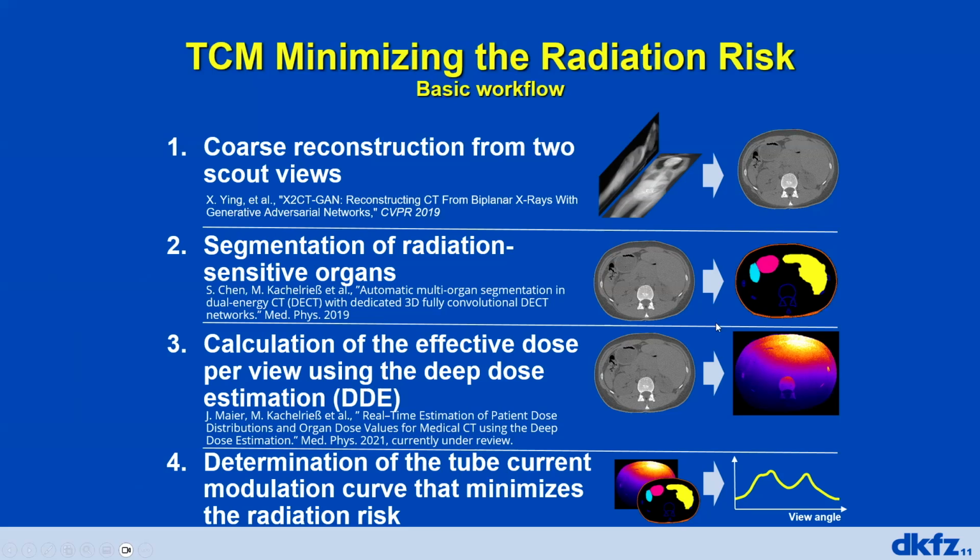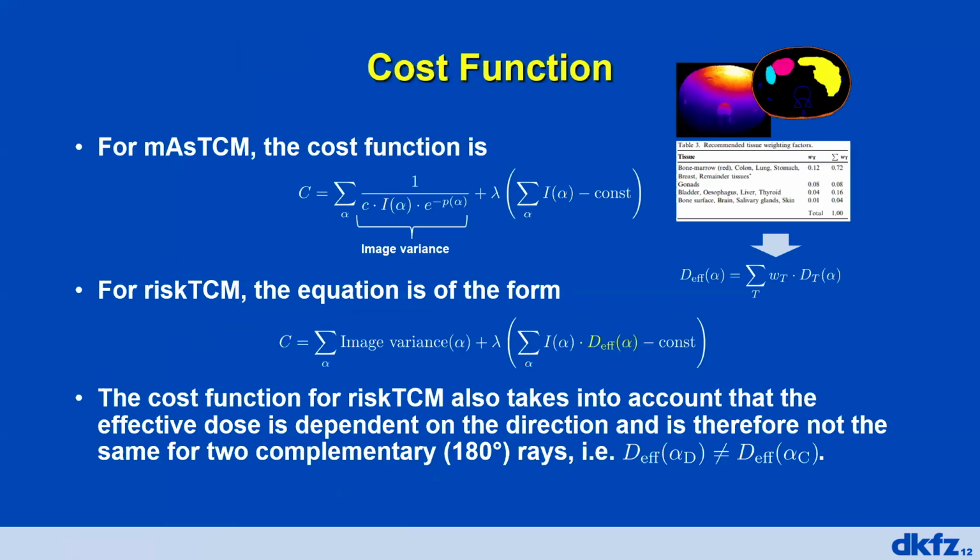We then perform a very quick dose estimation called deep dose estimation. I will tell you about that later on. This is to find the dose distribution in our patient for every view angle. We need this to finally come up with a tube current modulation curve that minimizes the effective dose to our patient, such as the patient risk.